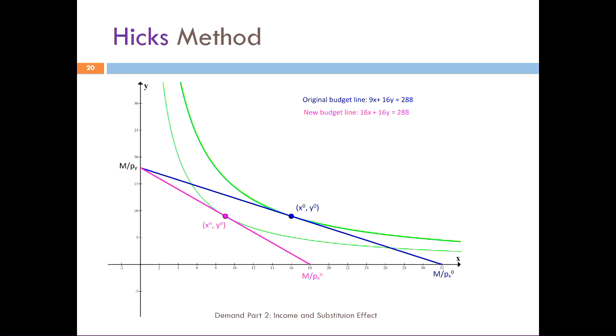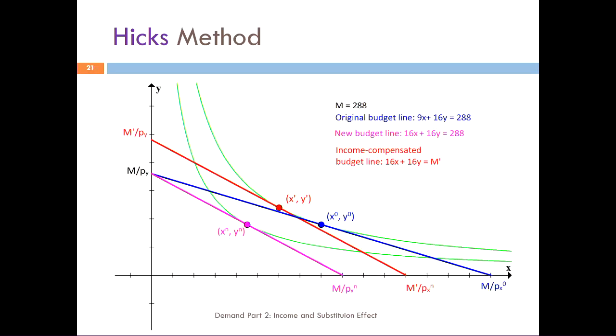So we're going to keep the new prices, like we have on the new budget line, but we're going to change the income level to shift up the new budget line parallel. So keep the same relative prices, but have more income. And we're going to increase the income such that it's just tangent to the original indifference curve.